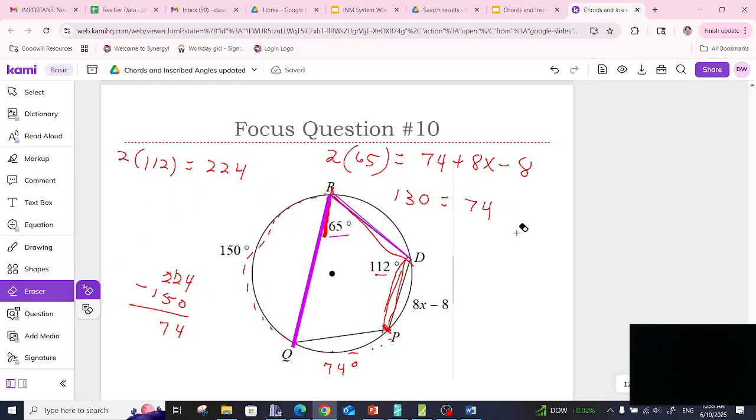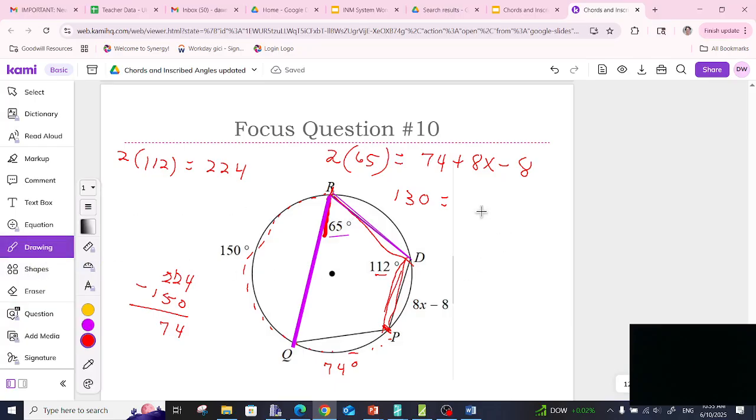I'll go ahead and subtract that. 74 minus 8 is 66. So 8x plus 66. You subtract 66 from both sides. I believe you get 64 equals 8x. Divide by 8. And x is equal to 8.